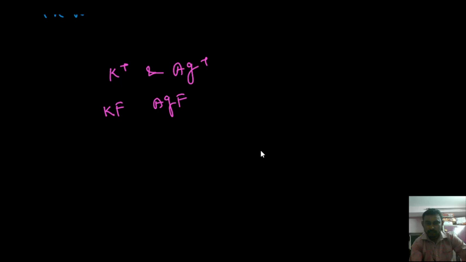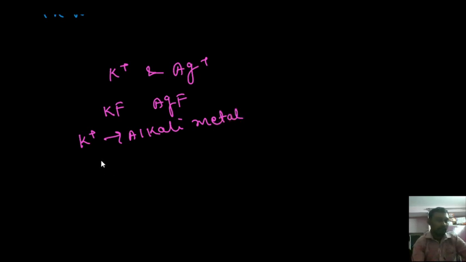K plus is the alkali metal cation. But AgF, Ag plus has d electrons.